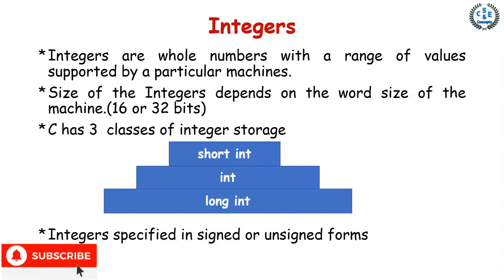Signed form represents both positive and negative integers. In signed integers, the first bit is used as the sign bit and the remaining bits are used for storing the magnitude of the number. Whereas in unsigned form, which represents only positive integers, all the bits are used for storing the magnitude of the number.